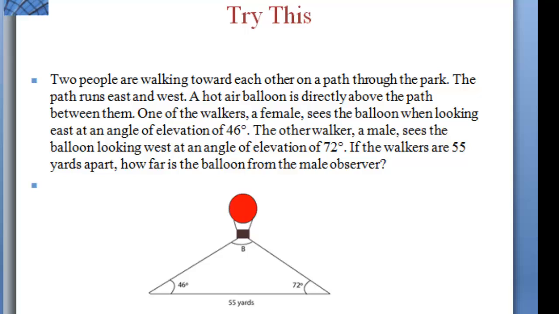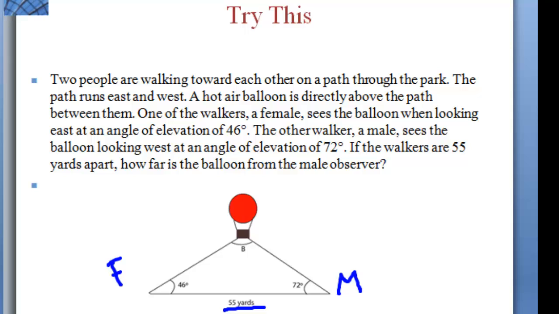One of the walkers, a female, so this is the female here, sees the balloon when looking east at an angle of elevation of 46 degrees. The other walker, a male, sees the balloon looking west at an angle of 72 degrees. The walkers are 55 yards apart. How far is the balloon from the male observer?